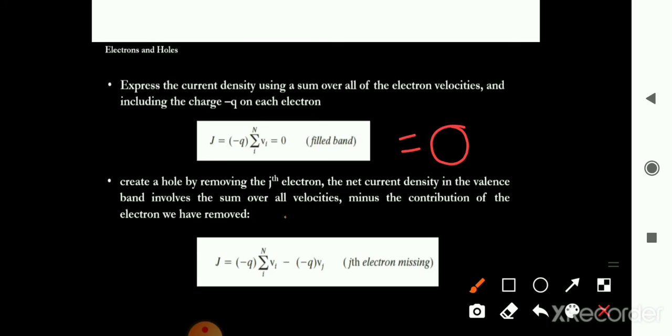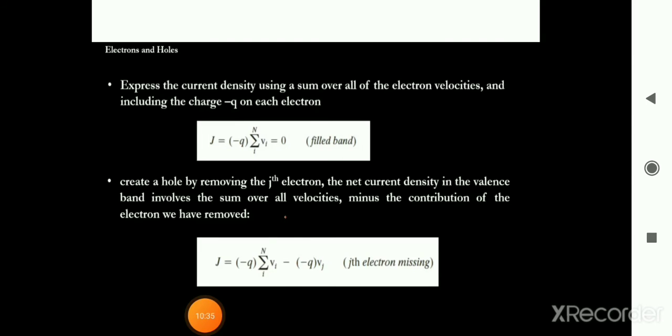If the j electron is moving in one particular direction, at the same time j dash may move in the opposite direction. For that reason the current will be 0. Now create a hole by removing the jth electron. The net current density in the valence band involves the sum over all velocities minus the contribution of the electron we have removed.